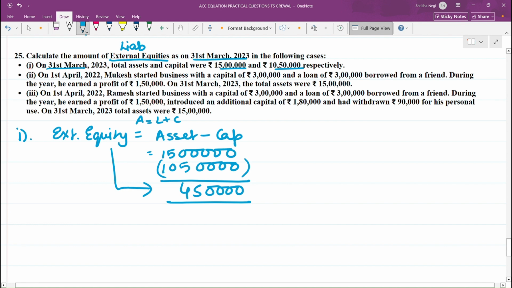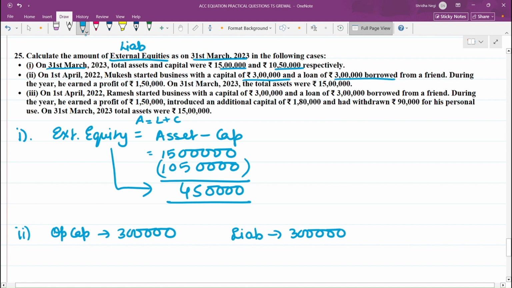Okay, now the second one. On 1st April, Mukesh started business with a capital of 3 lakh and a loan of 3 lakh borrowed from a friend. So this ये 1st April है. So your opening capital is given. Opening capital is 3 lakh and your liability, because loan है तो it's a liability, is 3 lakh.